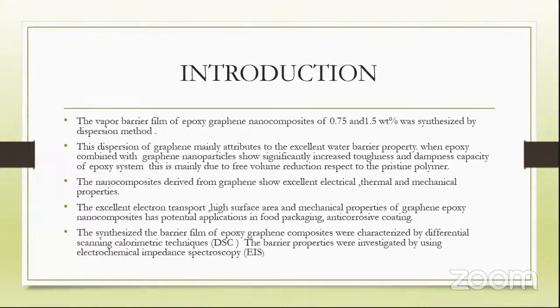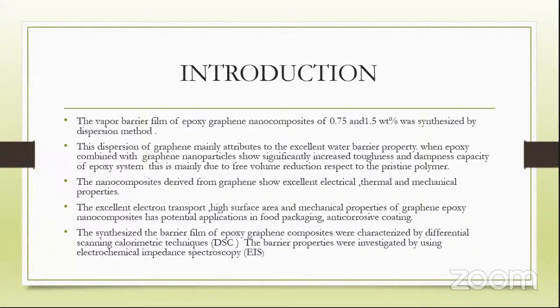But my paper is concerned with the increase in the amount, whatever has been studied in the past. I have chosen 0.75 and 1.58% of graphene nanocomposites to introduce into the epoxy films using the dispersion method.